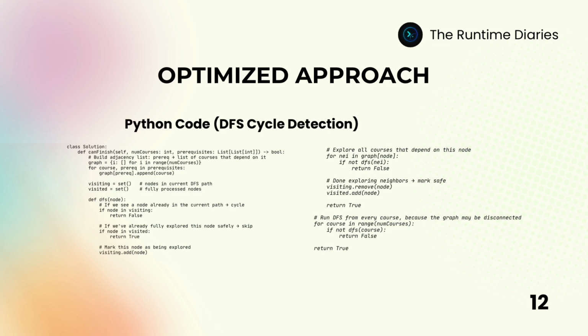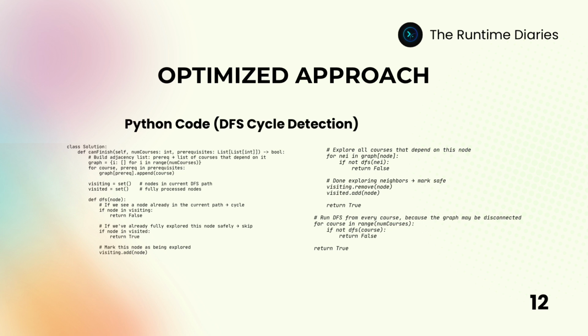We've fully processed this node and all its descendants. It's safe. If any DFS call returns false, indicating a cycle was found, propagate that false up the call stack. If we finish exploring all courses without finding a cycle, return true.